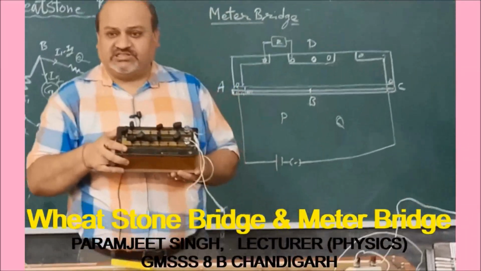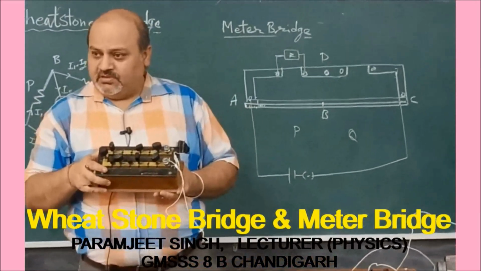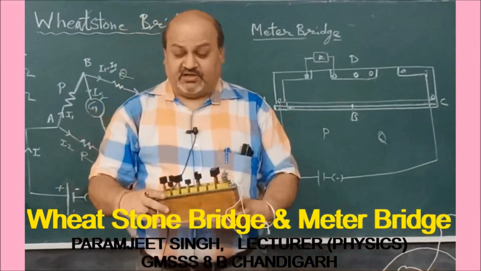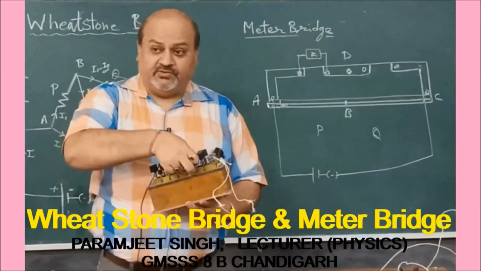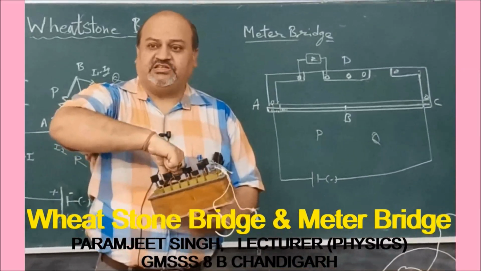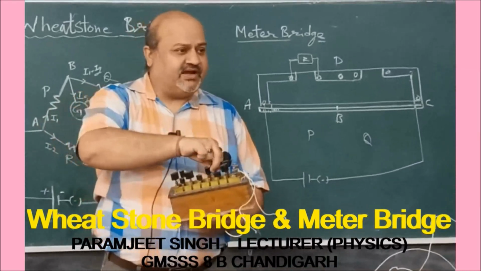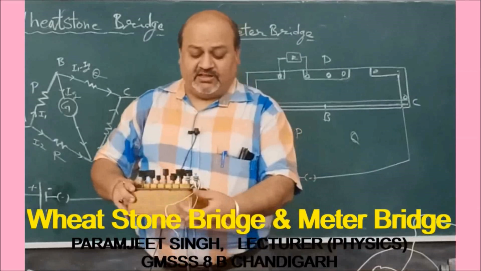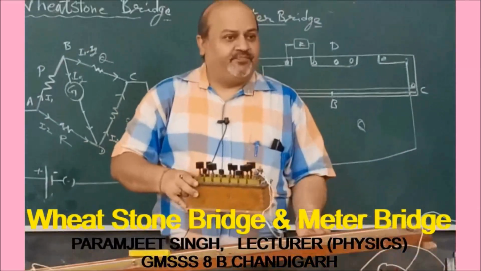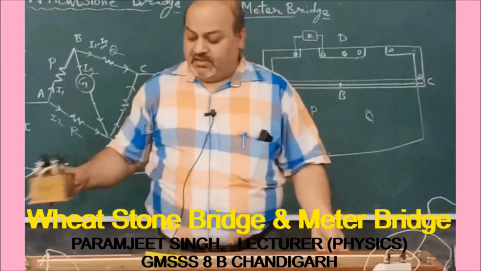This is called a resistance box. There are many choices, 1 ohm, 2 ohm, 3 ohm. Later I will explain how we can use it. This resistance box is used to apply the desired, known resistance. So in one gap I will connect this resistance box.